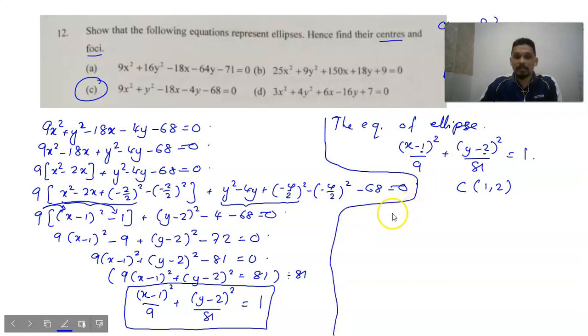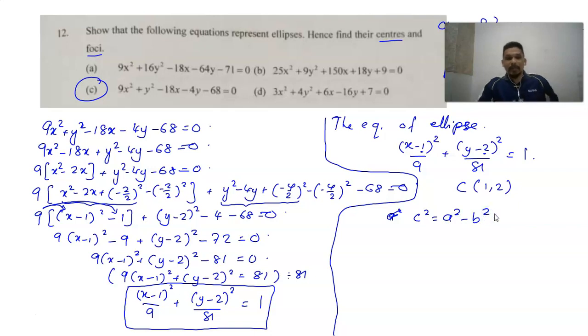So we have the equation c squared equal to a squared minus b squared. We agreed in our syllabus, and I did mention in my lecture video, and we agreed among all the math colleagues, that for these two denominators, A is always greater than B, no matter whether A is under Y and B is under X, or the other way around.